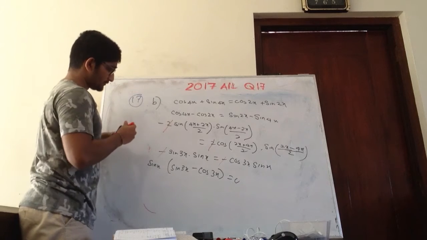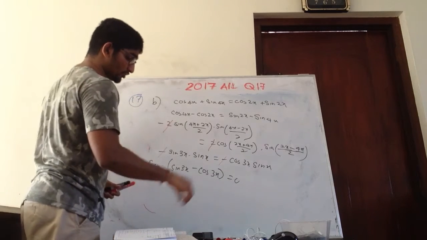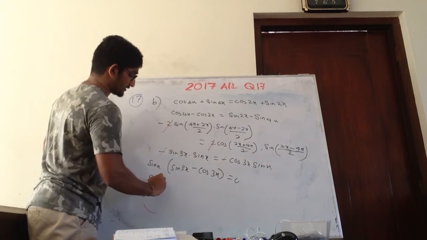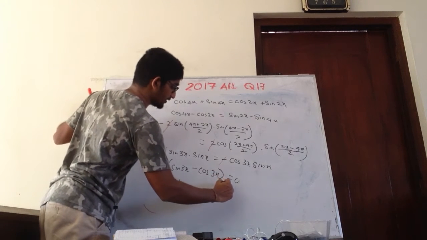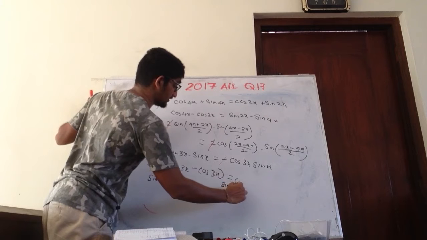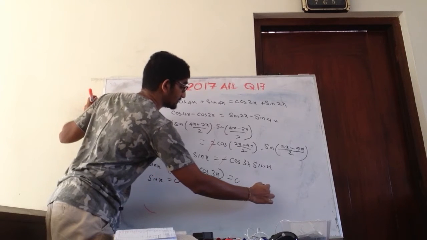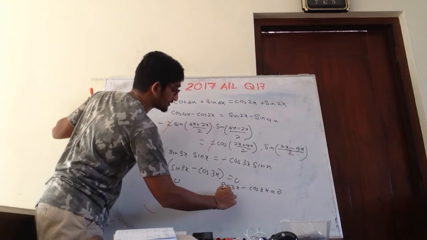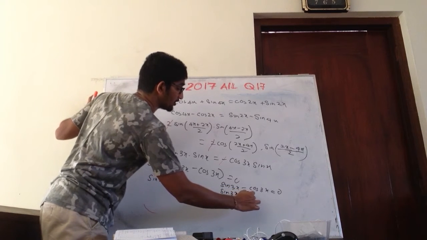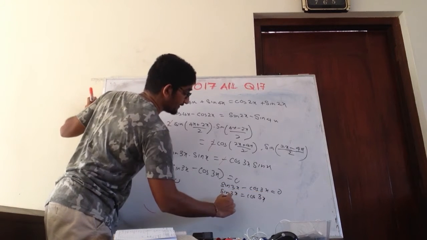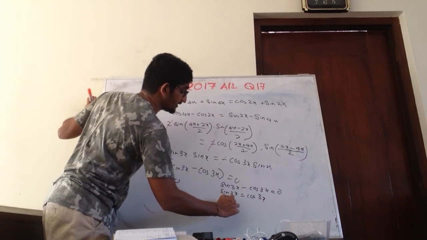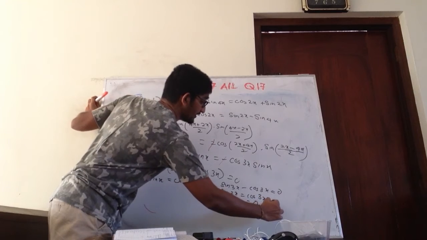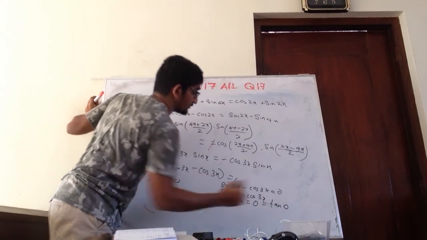That means we will get sin x equals 0 and sin 3x minus cos 3x equals 0. That means sin 3x equals cos 3x.